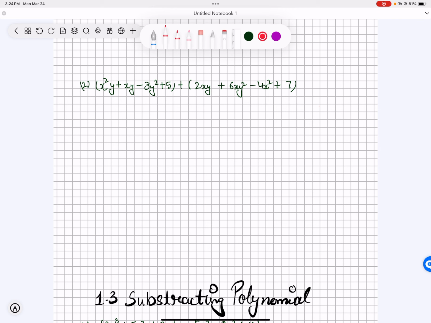So it's gonna be one into x squared y plus xy minus 3y squared plus 5, and then plus 1 again, 2xy plus 6xy squared minus 4x squared plus 7. And then 7.